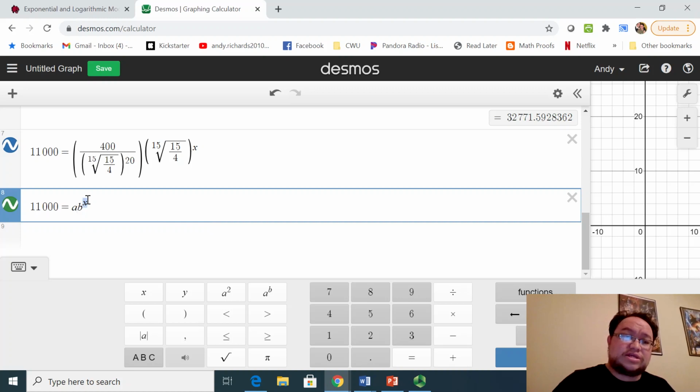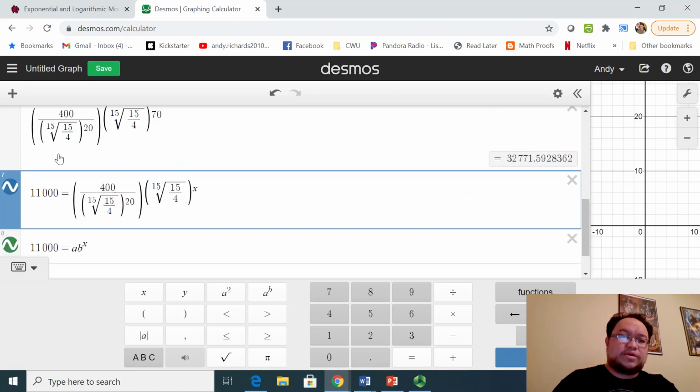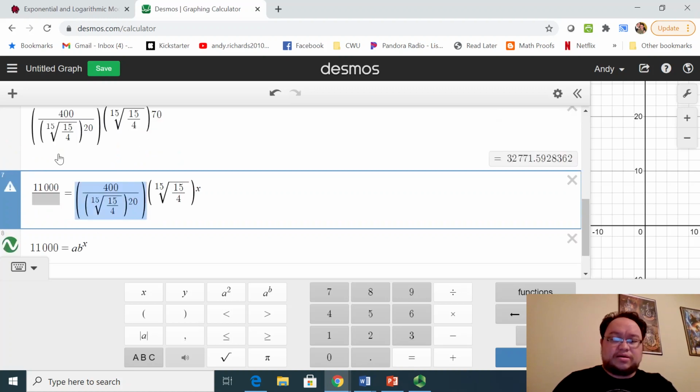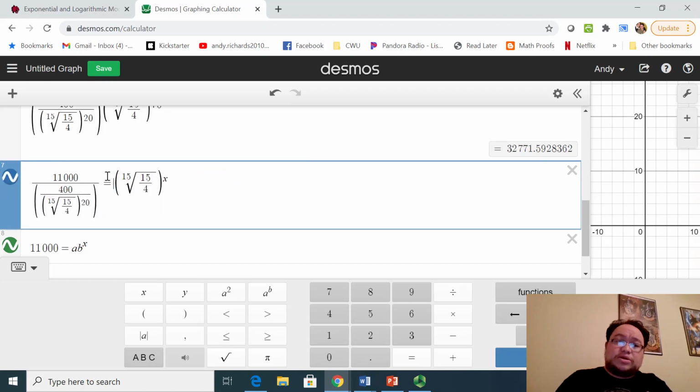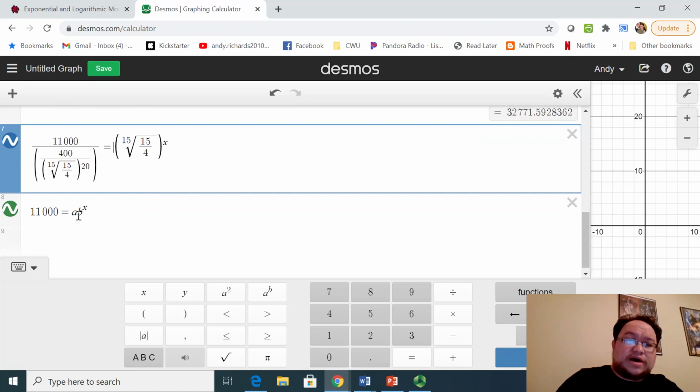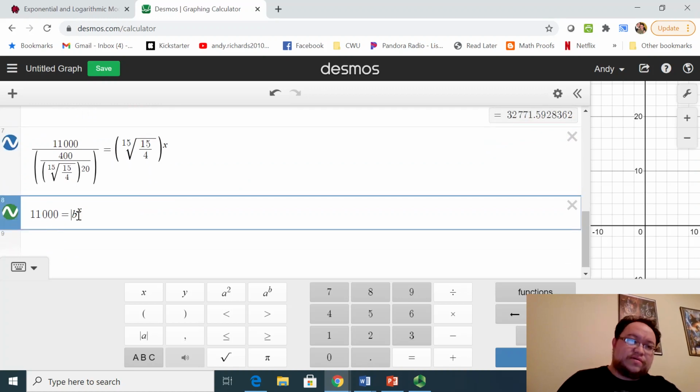I want to solve for this thing, so I have to get rid of my coefficient here. So I'm going to divide both sides by that coefficient, right? So in this case, I'm going to divide this thing over by this, which is not so great, but we can do that, right? So we can divide that thing over.